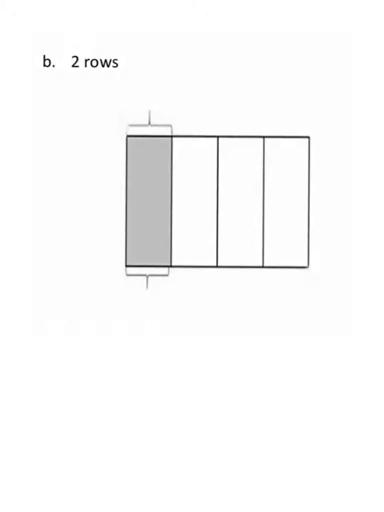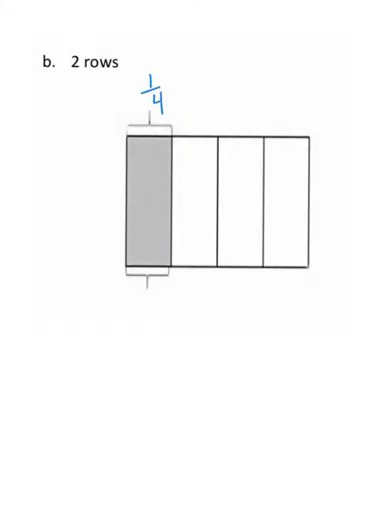All right, we're going to continue doing it now, but we have to show 2 rows. So right now we have an area model showing that it's broken up into fourths. 1, 2, 3, 4, and 1 is shaded in. So this is representing 1/4.